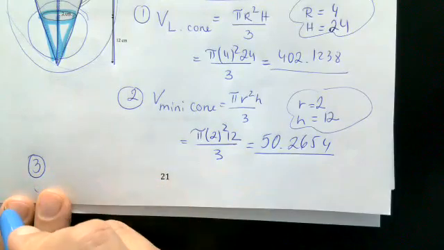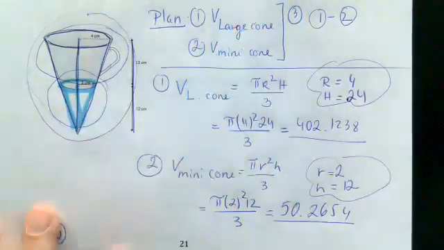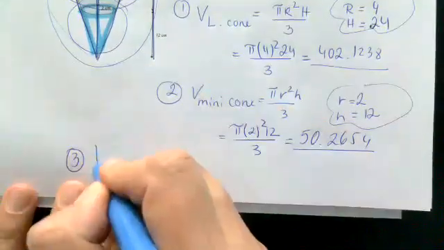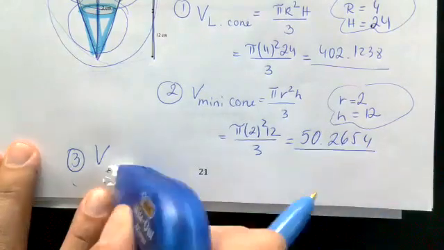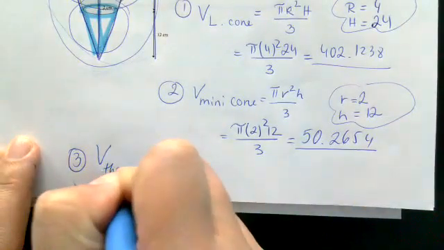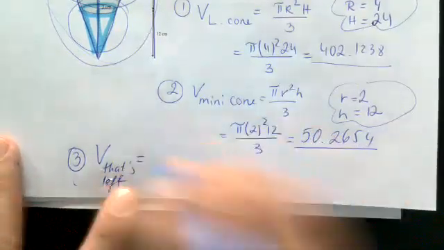Okay, so step number 3, to get the truncated piece of this that makes the cup, we have to take from the big cone, the small cone, and we're left with that volume. So volume, let's not call it total, volume left, or volume cup, if you want.